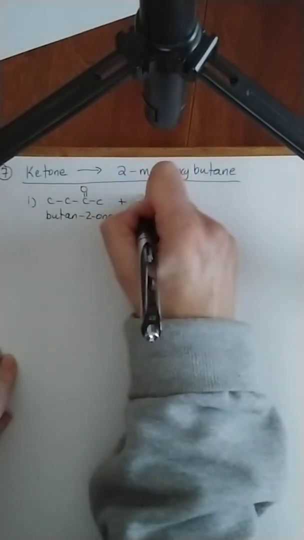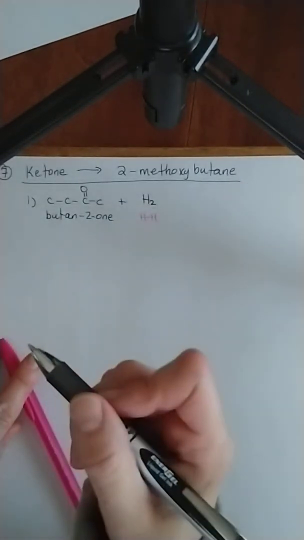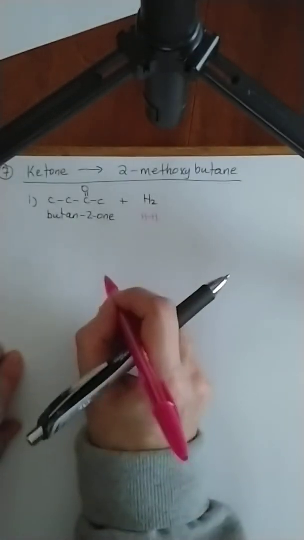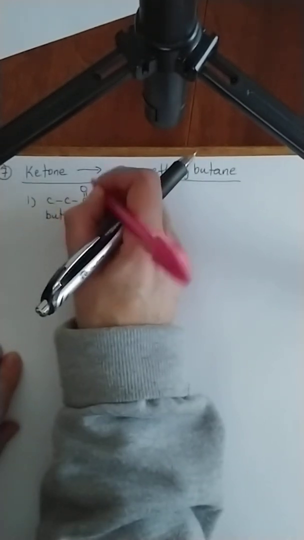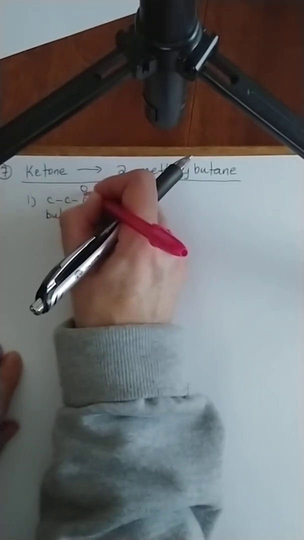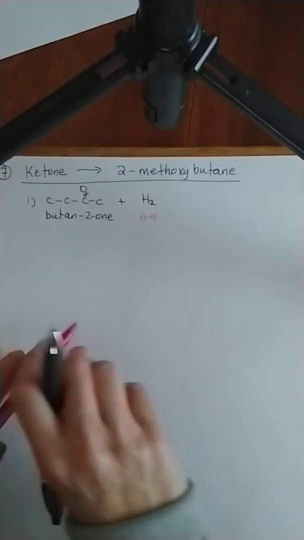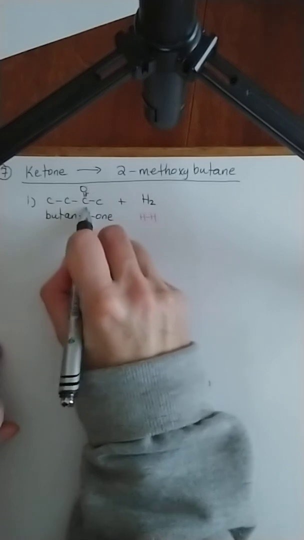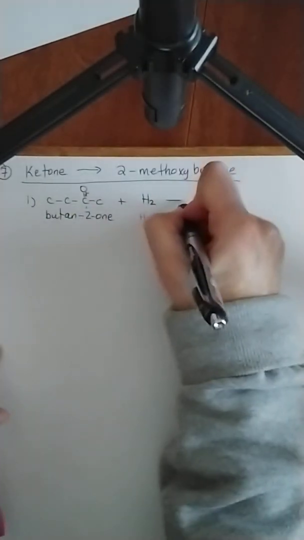And what we're going to do is, according to our chart, we're going to add hydrogen. And remember, hydrogen is H bonded to an H. So what'll happen now is the H and the H are going to attack this double bond on the O. So it's the opposite of the previous reaction we did. And it's going to open up a spot on the O and a spot on the C where those two H's are going to go.